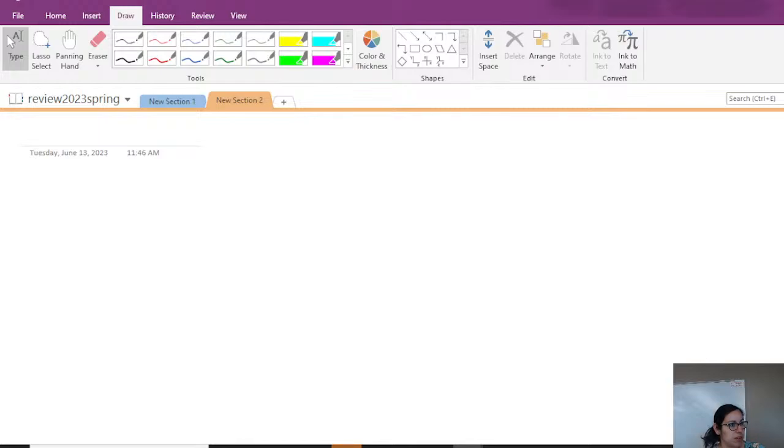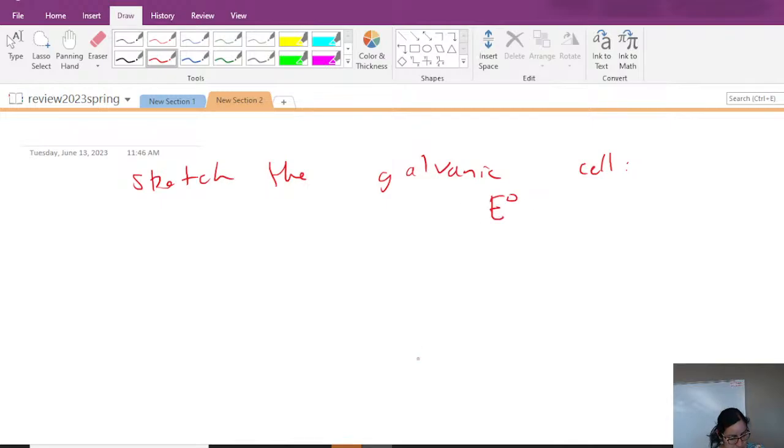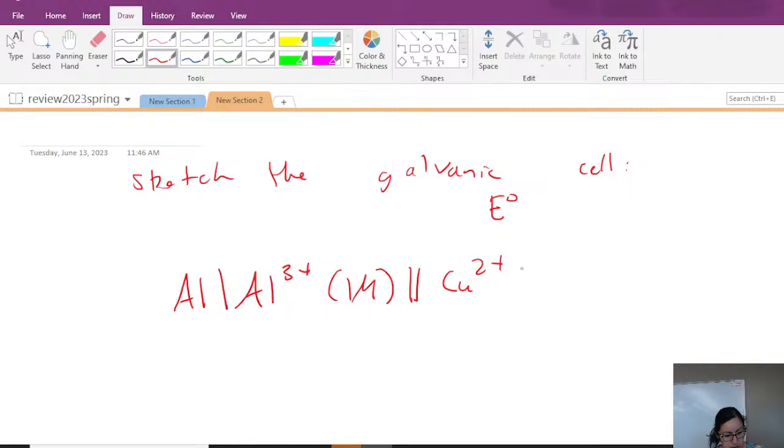Just make sure I don't pick the same metal. So sketch the galvanic cell, and then calculate the cell potential. And so let's try aluminum 3 plus, 1 molar solution, and copper 2 plus, 1 molar solution.